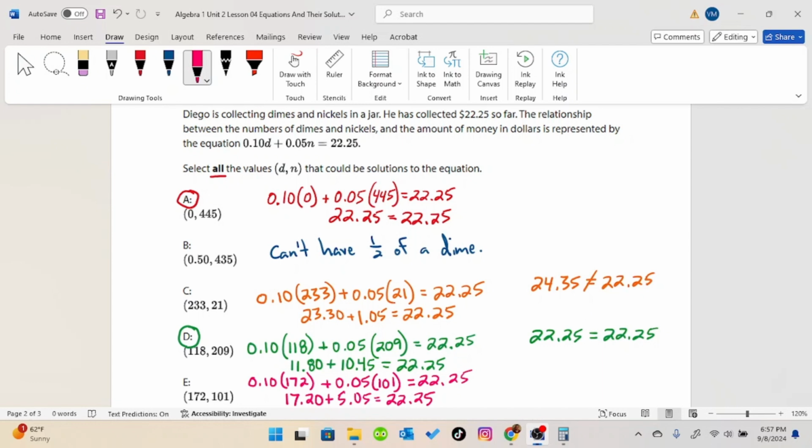And $17.20 plus $5.05 would be $22.25. That would equal the amount we're looking for, so E is also a possible combination of dimes and nickels that Diego could have.